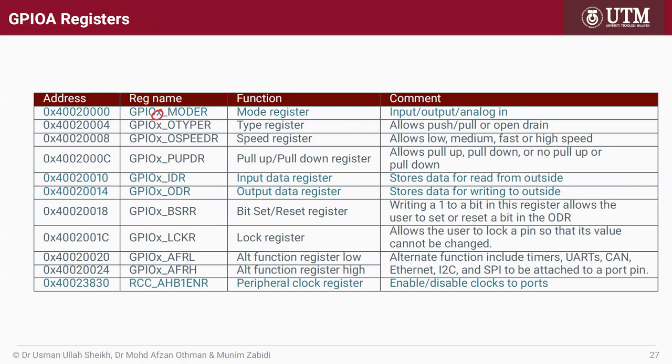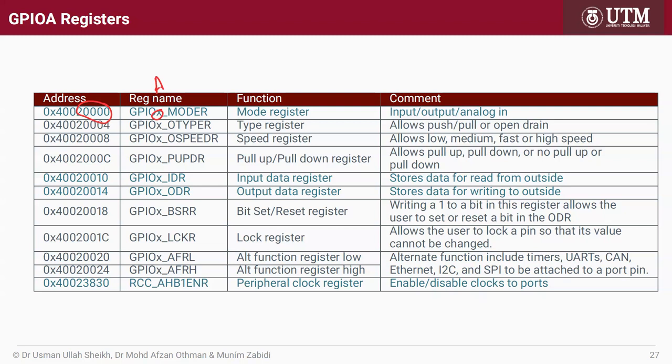Actually, for this particular address, it's only A. I should not put X there, I should put A. But if I want to use port B, I will use the GPIOB mode register, and I will get a different address, so this is not totally correct.